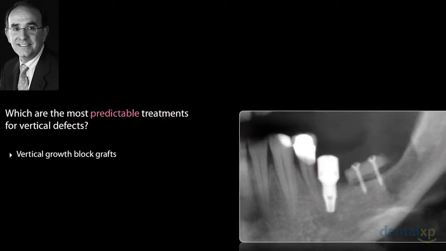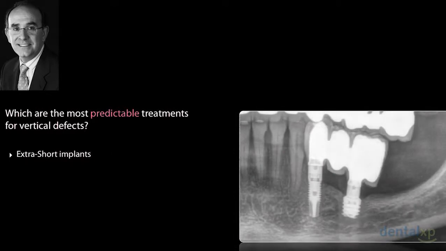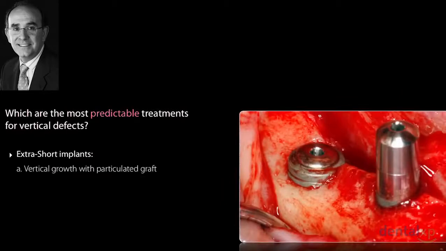For that reason, I evolved to use block grafts for many years. For many years, my approach was to take a block graft in the posterior area to obtain vertical growth. But really, today that is not my approach. Today it is to use extra short implants in the posterior regions. And in many cases, why not obtain vertical growth? Is it predictable to obtain vertical growth in this direction?